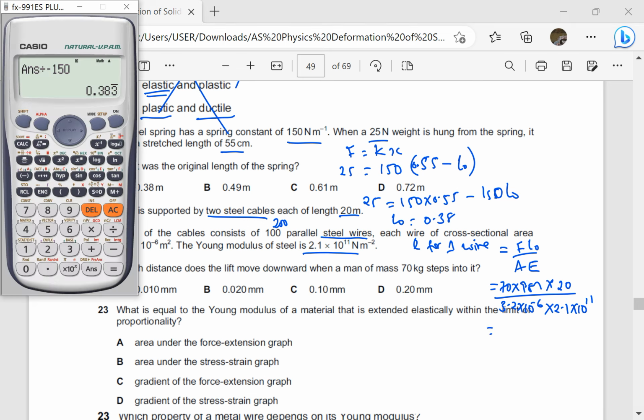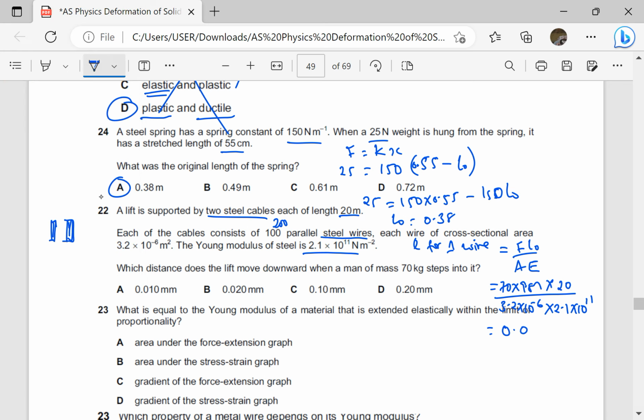So let's find that for one wire: 70 times 9.81 times 20, divide by 3.2 exponent negative 6, and again divide by 2.1 exponent 11. This is giving me 0.020 meters for one wire.